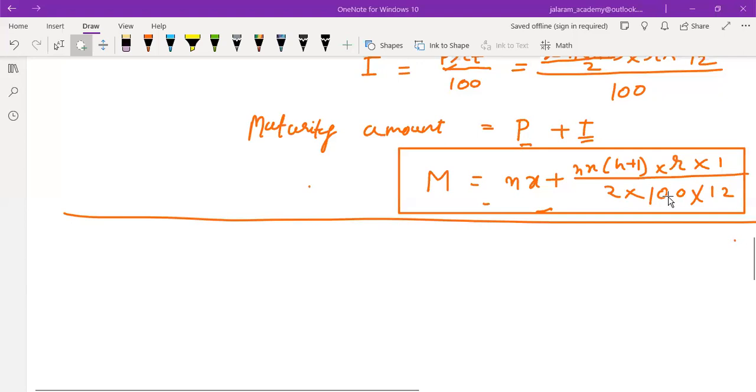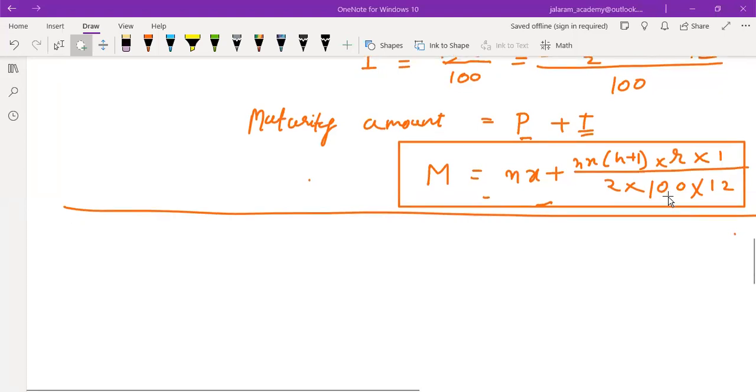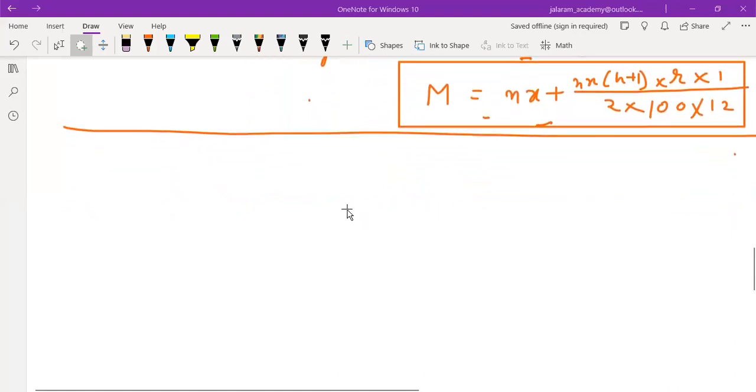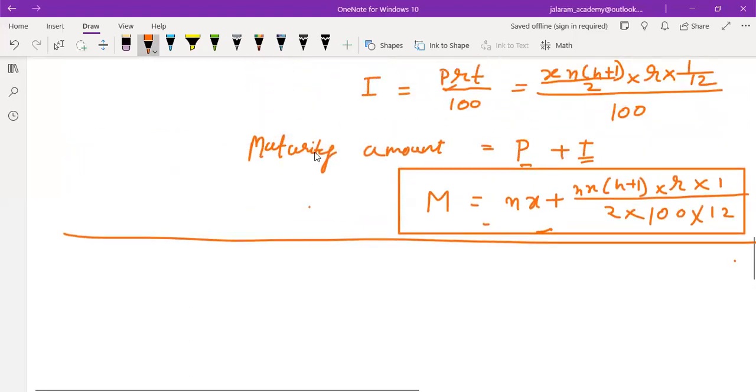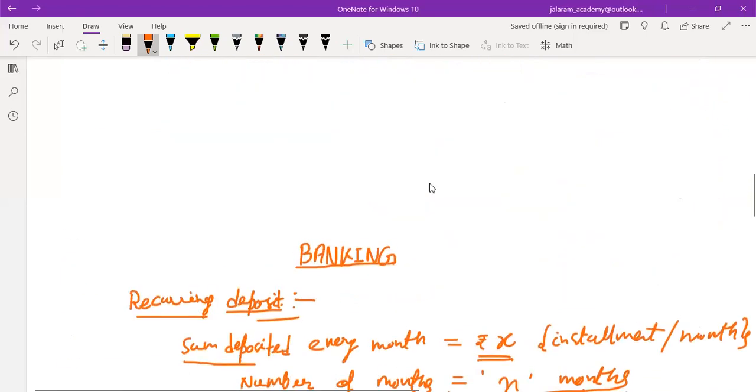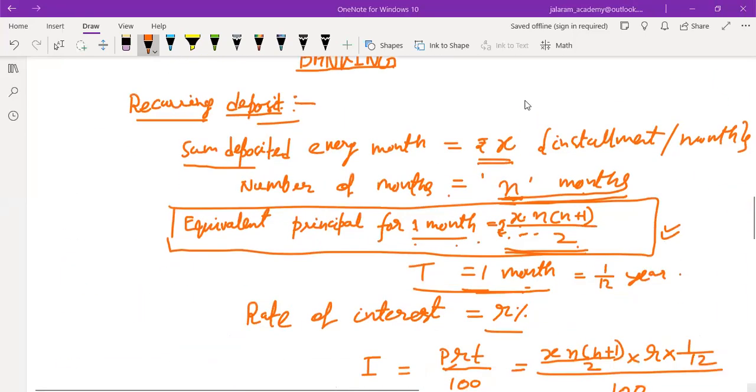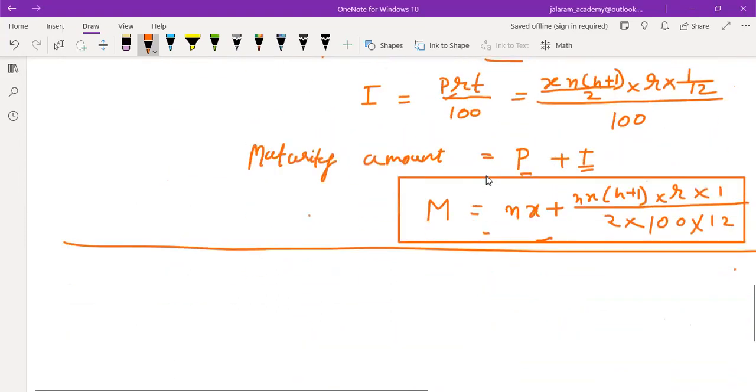So how can you prove that the equivalent principal is n into (n plus 1) by 2 into X? For this, let's assume, as we have already assumed, that we are depositing rupees X per month for n months.